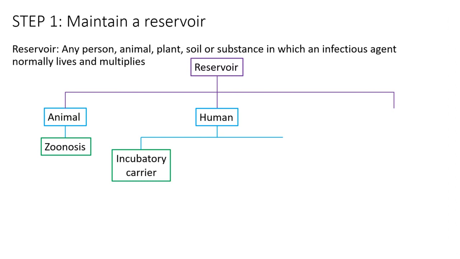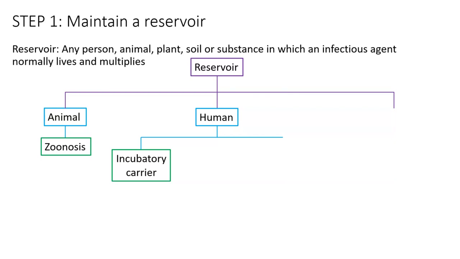And so for something like smallpox, right, where humans are the only reservoir, it turned out that smallpox was eradicated once we were able to have a vaccine against it, because it could no longer live and survive inside of the human reservoir.